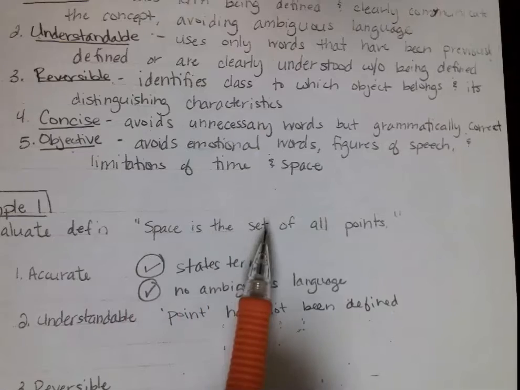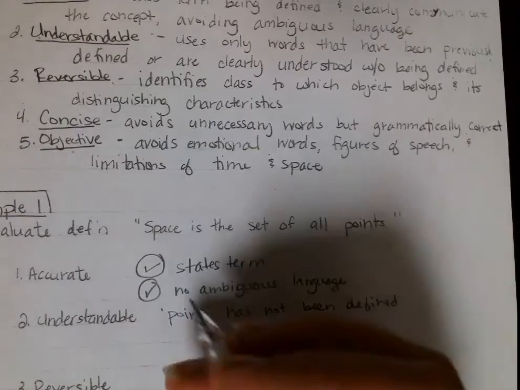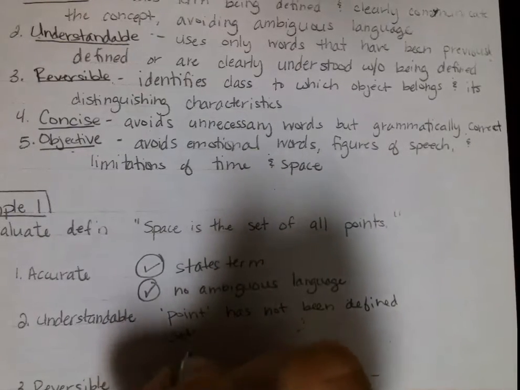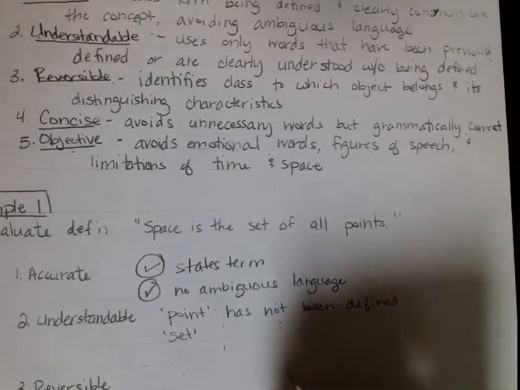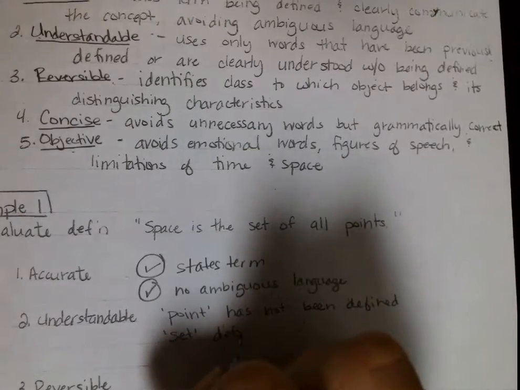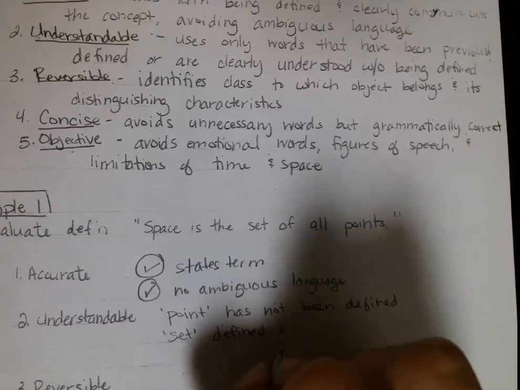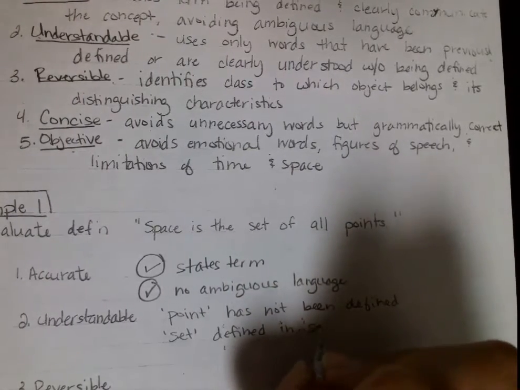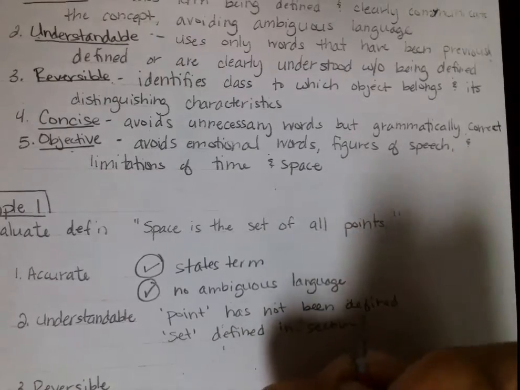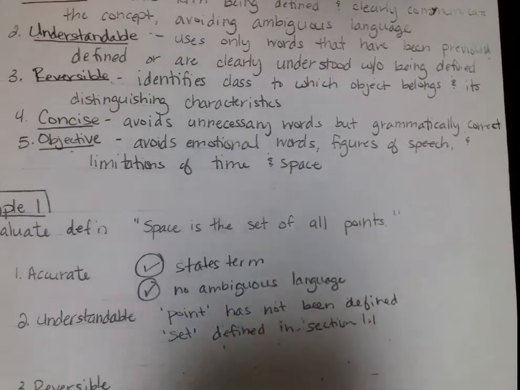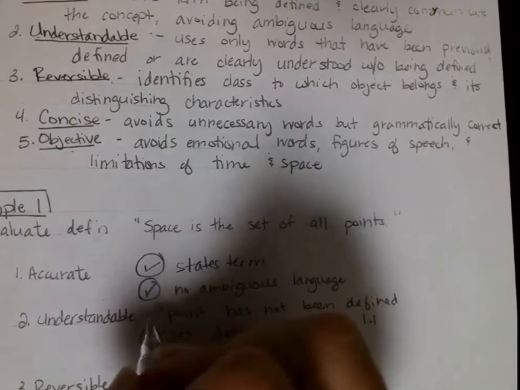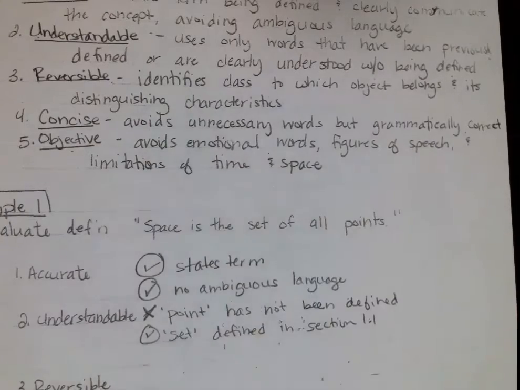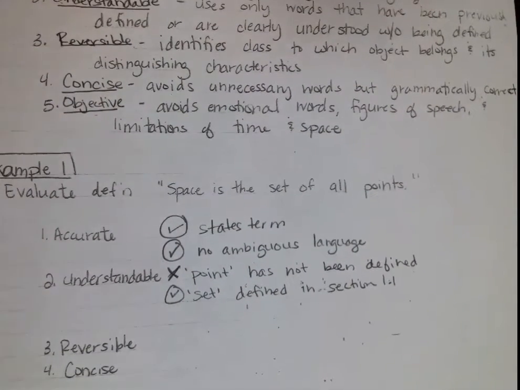However, if the space is the set of all points, I'm going to put a note there that set has been defined. We defined that in section 1.1. So that works. That's a good one. But this one is a big old fat X. Okay, the point has not been defined.